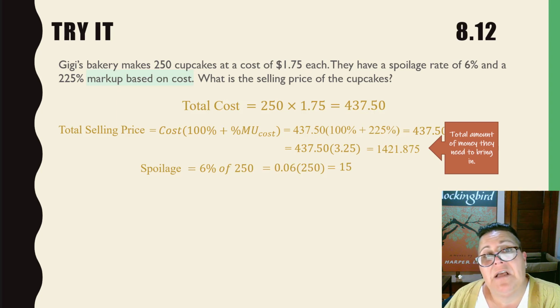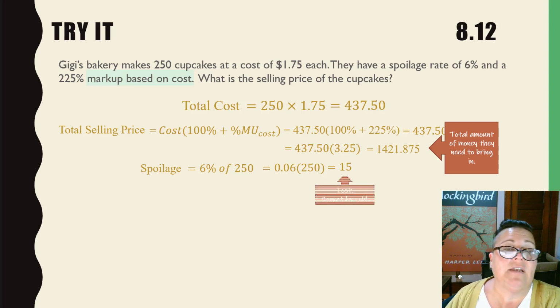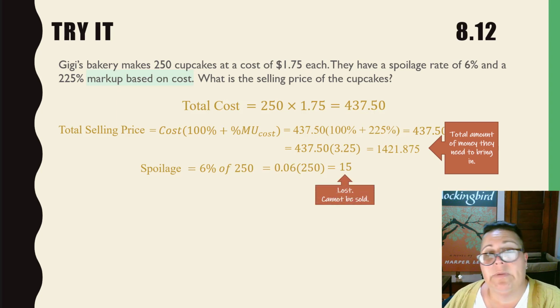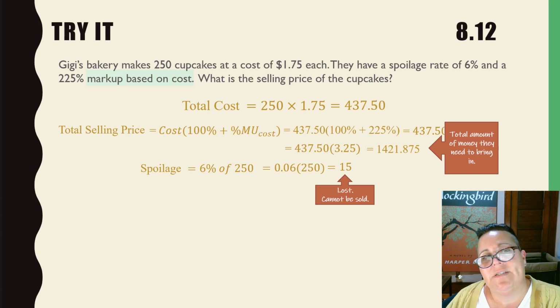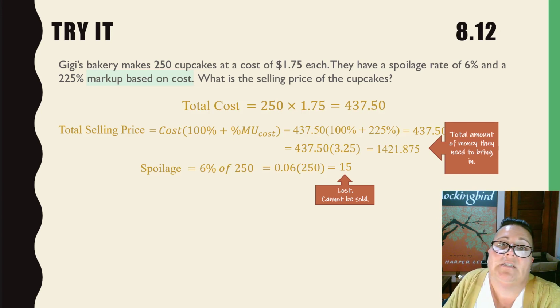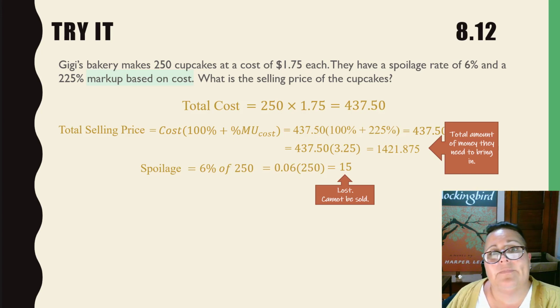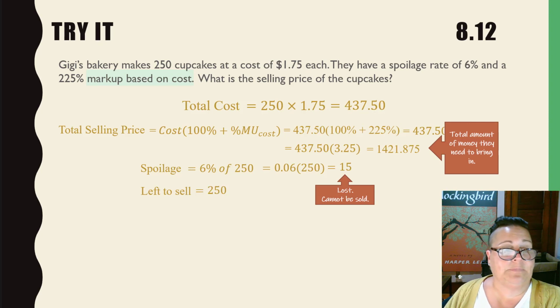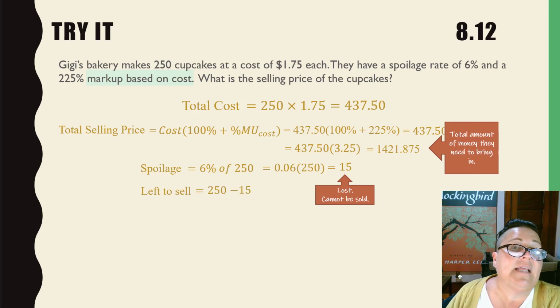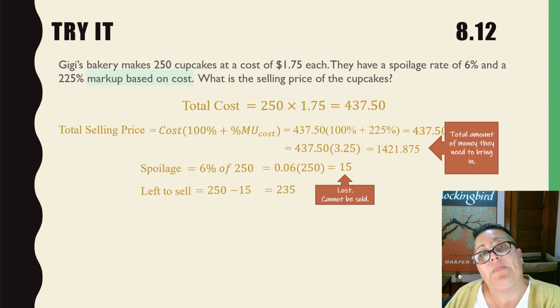That means 15 cupcakes will be lost and not be able to be sold because they're eaten. Maybe they didn't sell and they're dried up at the end of the night and they're just not sellable, but chances are a good portion of that 15 will be eaten by myself and my co-workers. So of the 250, minus that 15, we have 235 cupcakes left to sell.